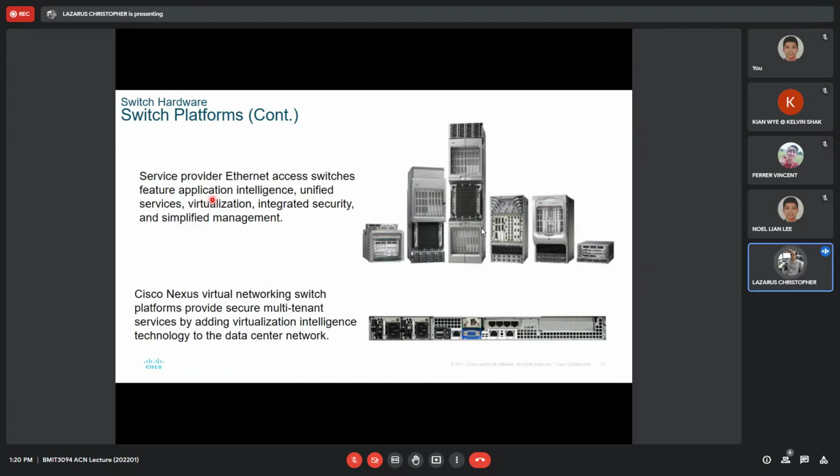So, for example, application intelligence, unified services, virtualization, integrated security, and simplified management, right? So we're going to look at some of this, for example, virtualization here later in the next chapter, right?